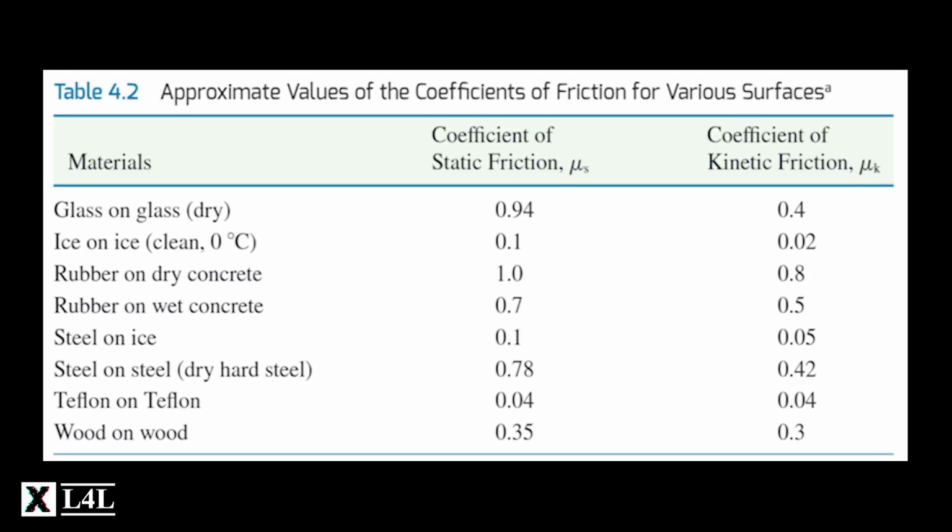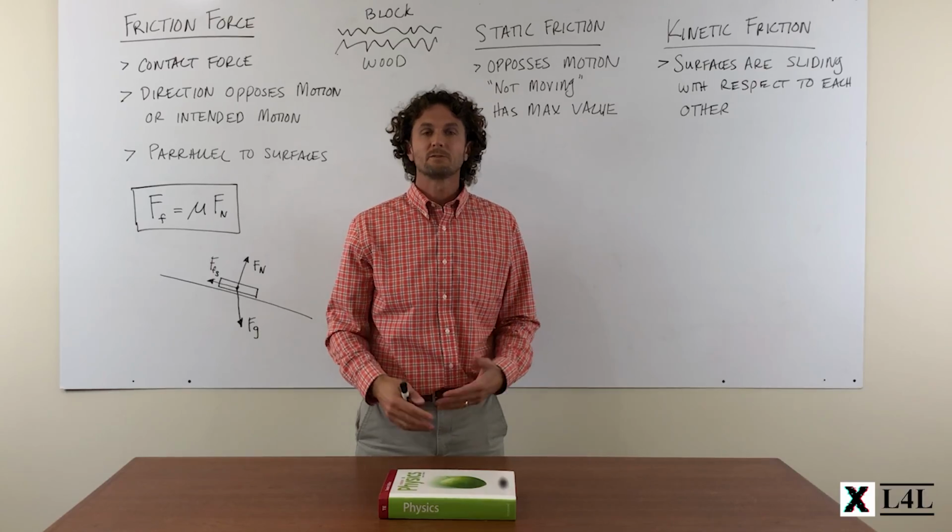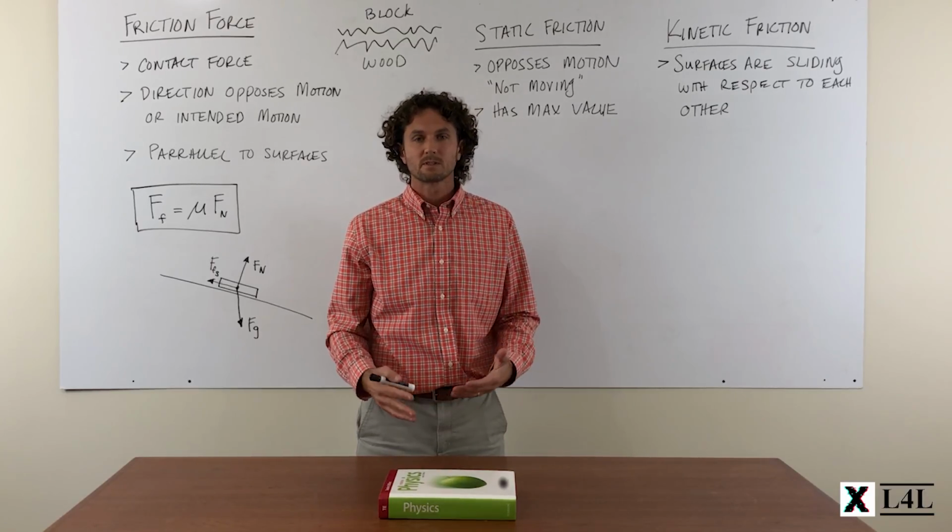The big takeaway is that the coefficient of static friction is going to give you more grip and create a greater frictional force than once an object starts to slide against another and transitions to kinetic, namely because of these coefficient of friction differences.